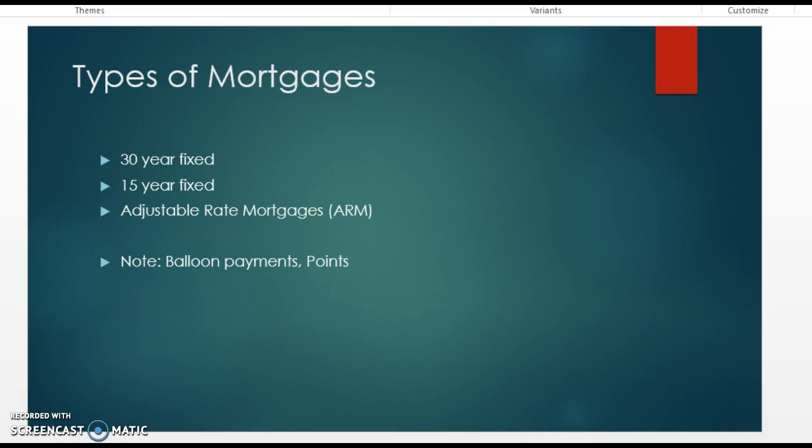A balloon payment is a large payment. What happens on the adjustable rate mortgage is they only financed you for a couple of years because they couldn't get you a 30-year loan. So they financed you for a couple of years and said, well, we'll refinance you after the 24 months. So in the meantime, you make your payments on time, you clean your credit up, and then you'll get refinanced.